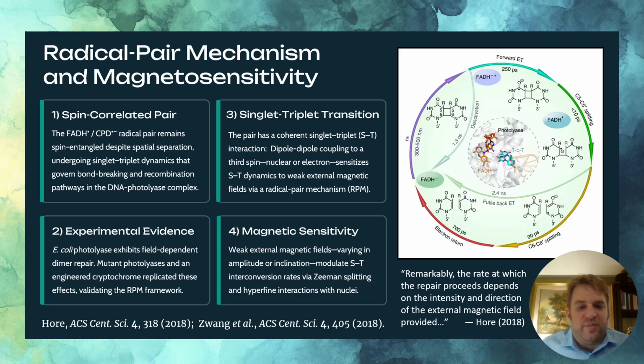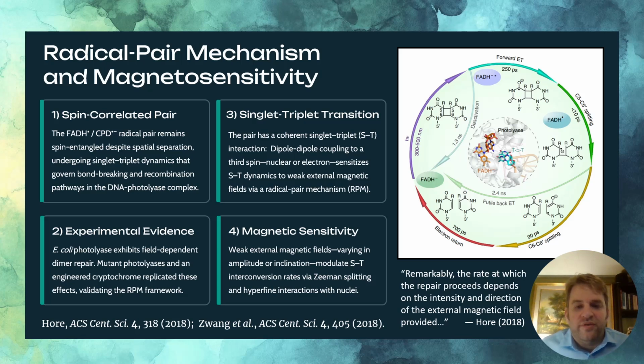So weak external magnetic fields, if you hold a magnet up to the system with a varying magnetic field amplitude, that's the field strength, or the magnetic field inclination, that's the angle the field is pointed at, will modulate singlet triplet interconversion rates via Zeeman splitting and or hyperfine interactions with the nuclei, and the result is that the DNA repair yield, the percent success rate of the DNA repair process, can be controlled to some degree simply by putting a magnetic field in the presence of your Photolyase repair system.